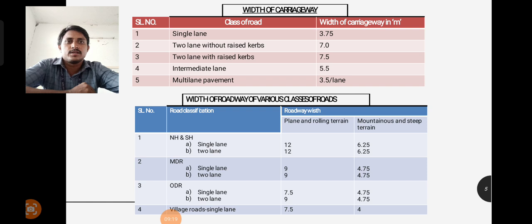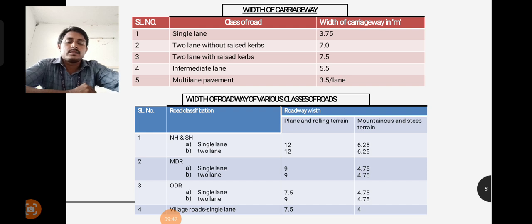If you are not providing a curb, then 7 meters is provided. Two lanes with a raised curb, if you are providing a curb, is 7.5 meters. Intermediate lane is 5.5 meters, and multi-lane pavement is 3.5. If the number of lanes is more than 2 or 3, then you should take 3.5 per lane. So that is the multi-lane pavement.